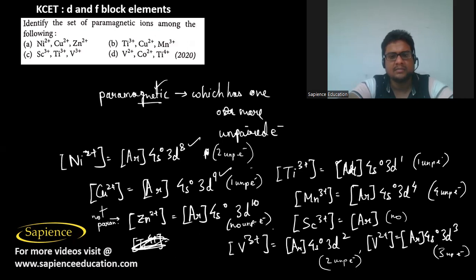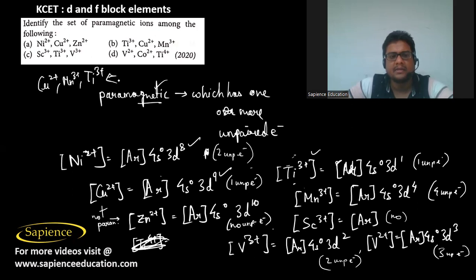So Ti3+, Co2+, and Mn3+, these three have unpaired electrons. So these are the three paramagnetic ions: Ti3+, Co2+, Mn3+.